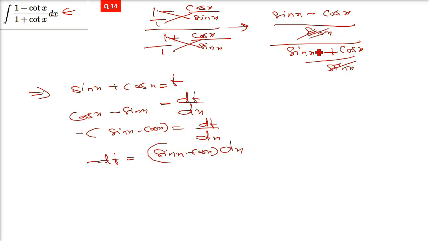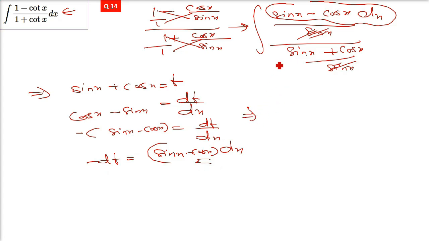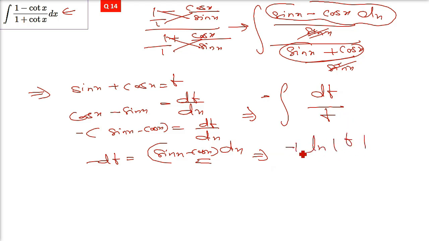So if you just consider the top, sin x minus cos x, and the bottom, sin x plus cos x, what do you get here? See, (sin x minus cos x) dx is minus dt. We just found that out. Sin x plus cos x we originally kept as t. So what is the integration? Integration is simply ln modulus of t. Negative will remain there.